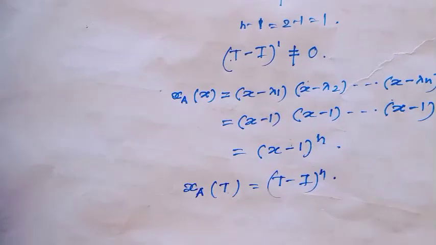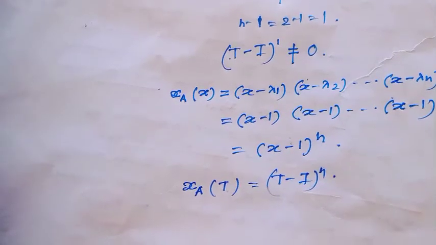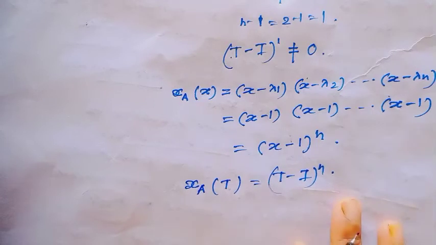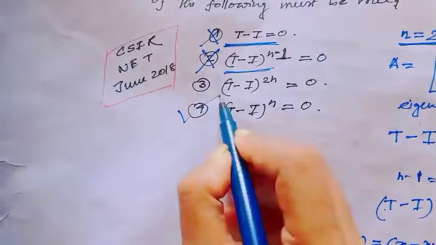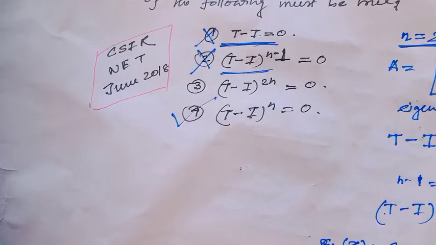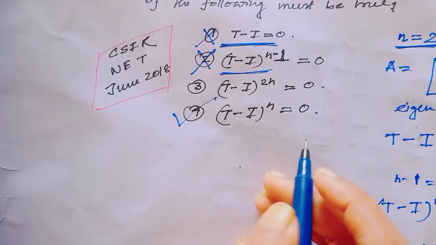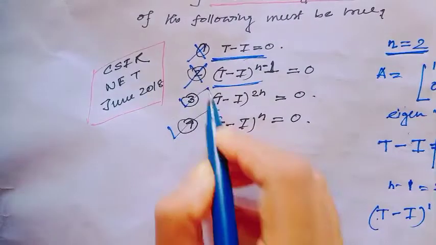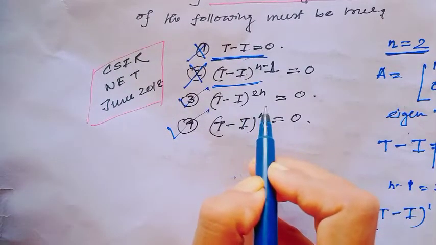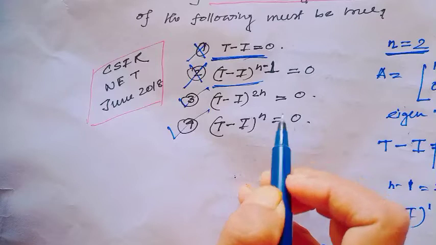So obviously the fourth option is the right option. And since the fourth option is right, option 3 is also right, because (T minus I) to the power 2n equals the 0 operator. Are you getting?